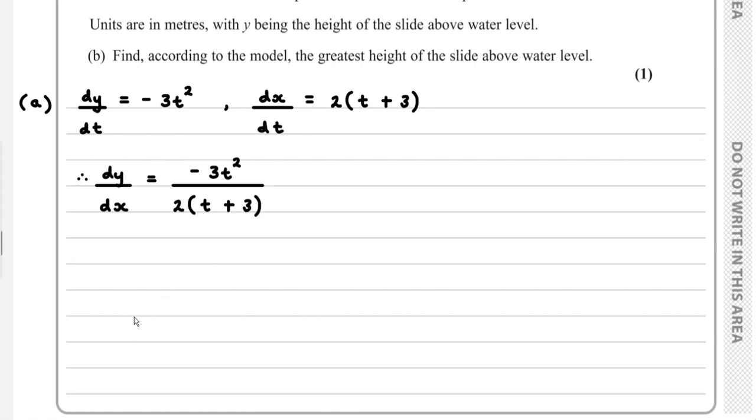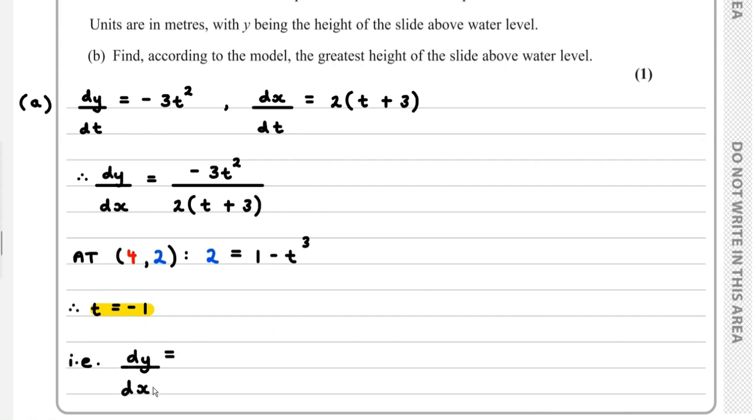Now, at the point (4, 2), if we substitute this into y equals 1 subtract t cubed, we can find the value of t. So we have 2 equals 1 subtract t cubed, and therefore we can conclude t equals -1. And knowing what t is, we can substitute this into dy over dx to find the gradient of the tangent.